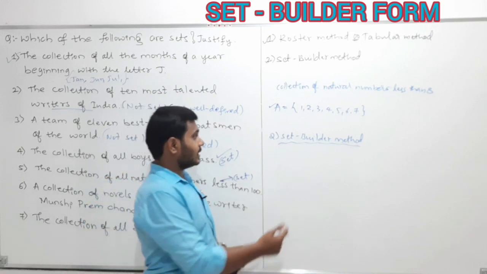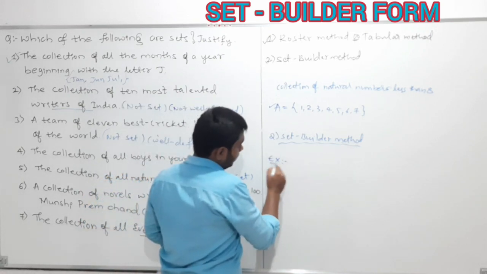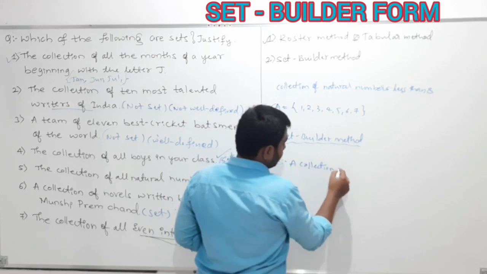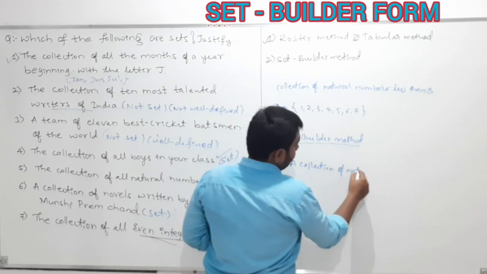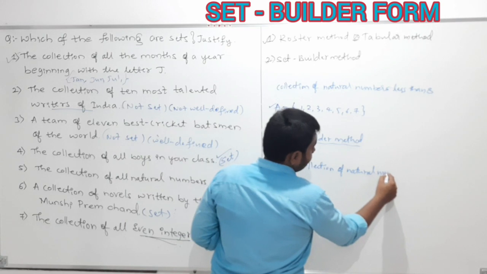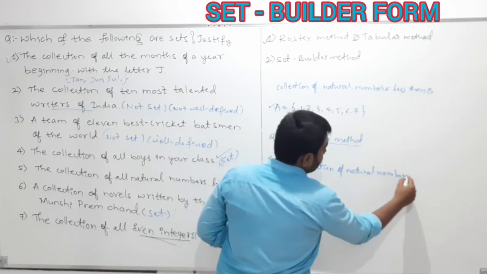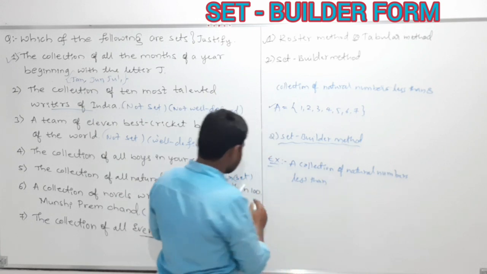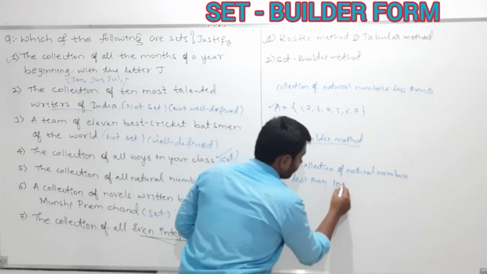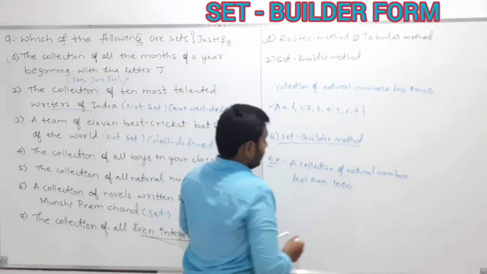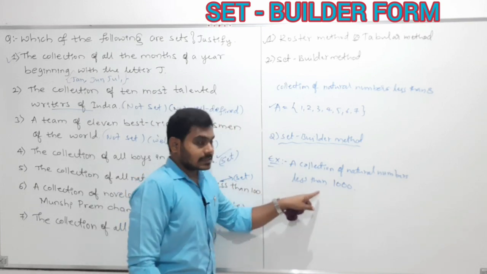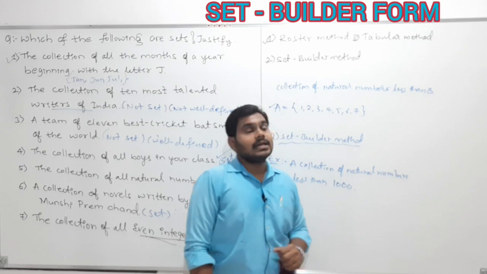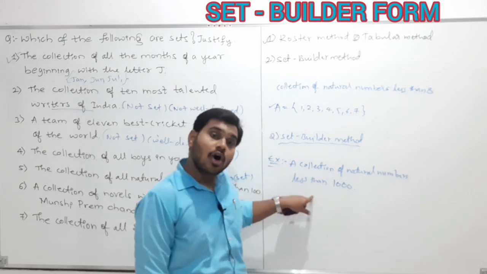My dear students, I'll take one example: a collection of natural numbers less than 1000. Is it possible to write all the elements?